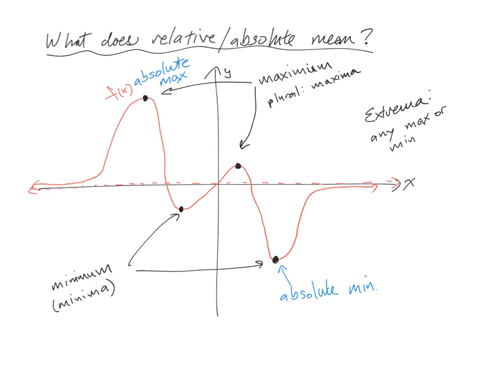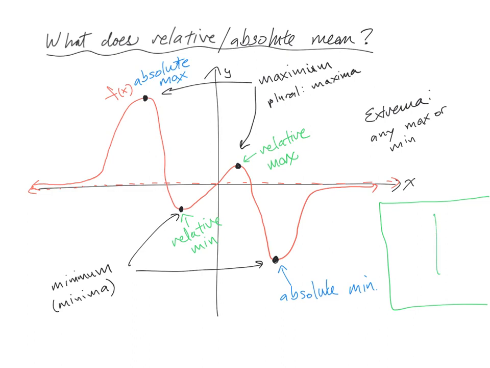So for those, we call them maximum and minimum, but they're not the maximum of the entire function. They're not the minimum of the entire function. So we just call these relative max and min. So that is the difference between absolute and relative.